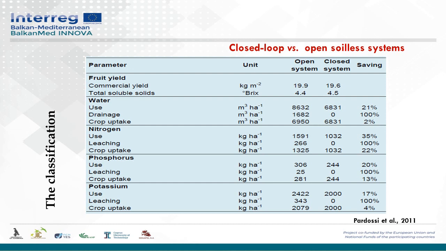Similarly, we can see that also in the case of phosphorus and potassium, the use of a closed system reduces the total amount of nutrients used, makes the losses to the environment zero, and increases the crop uptake rate of each of these elements.